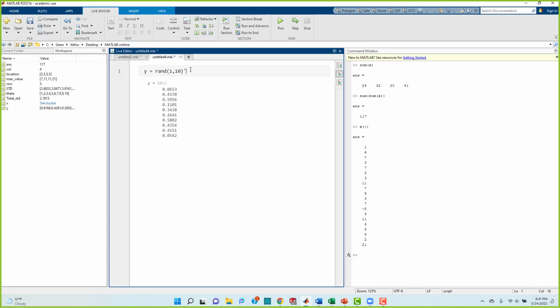Now let's say we want to make it from 0 to 5. So we'll multiply this by 5. So now they're all between 0 and 5. Well, let's say we want to go between, let's say, 4 and 16.